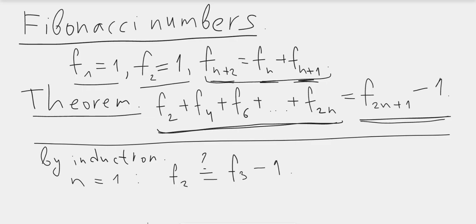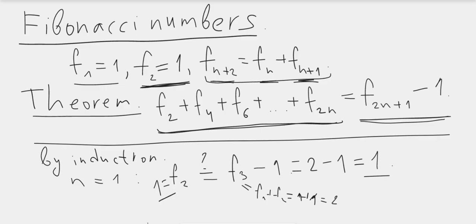So f2 is equal to 1. By definition, f3 is equal to f1 plus f2, which is equal to 1 plus 1 and equal to 2. So therefore the right side is equal to 2 minus 1 is equal to 1. Okay, so the left side and the right side are the same, therefore the equality holds.